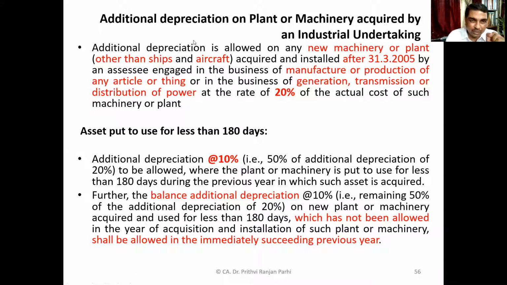So for these specific industries, if they acquire some plant and machinery after 31st March 2005, then additional depreciation shall be allowed.